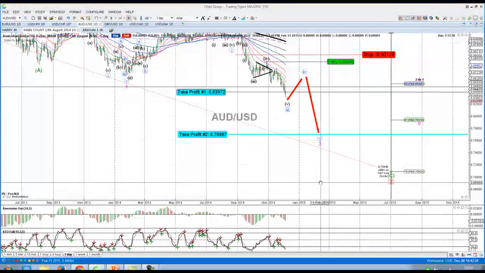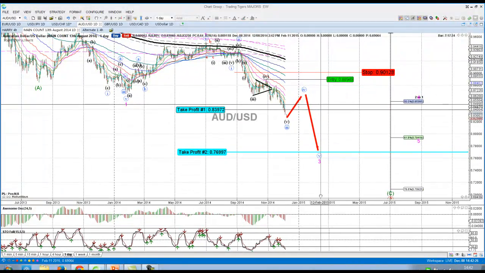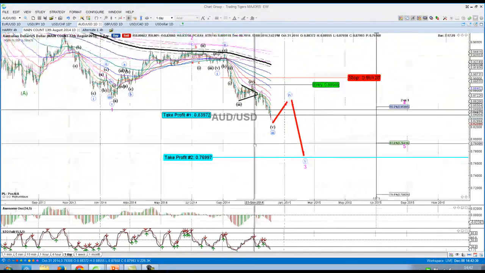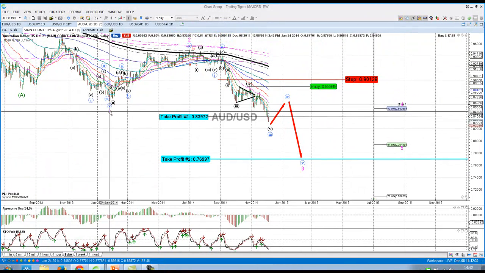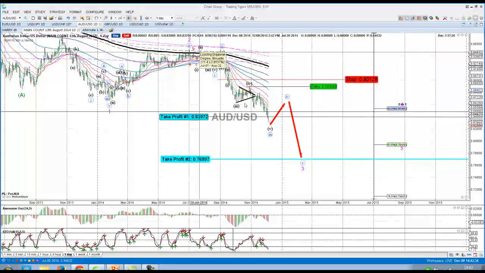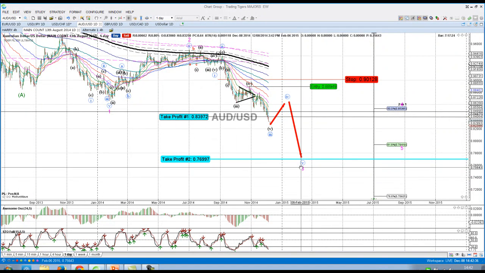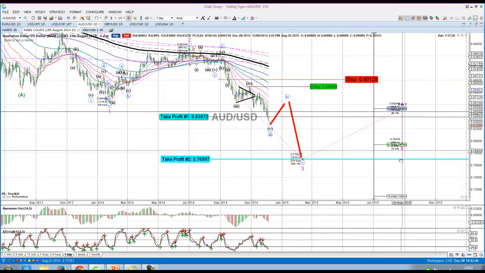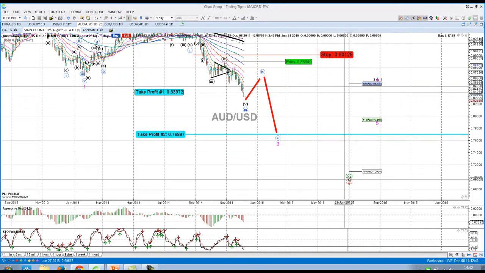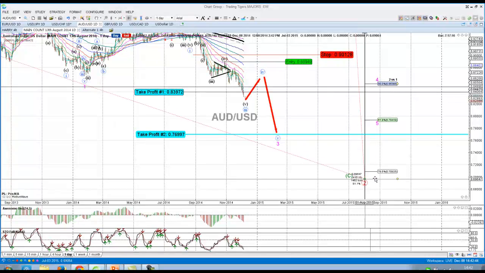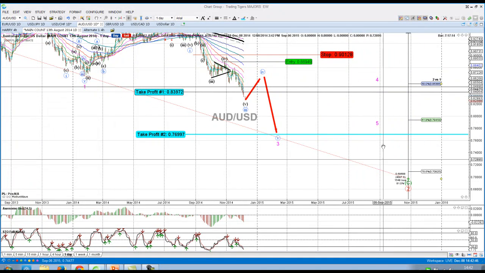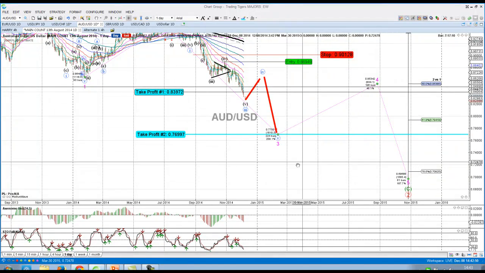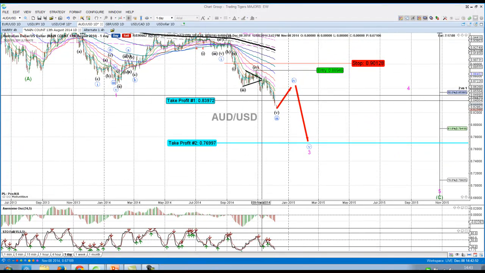To complete the wave C, we know we've got a 5-wave move of the minor to complete: wave 1, wave 2, wave 3, and then wave 4 will come up around this area to complete the wave 5 down there. If I move this across, just give it a bit of space and let it all finish together tightly. So that's what we're looking at there.